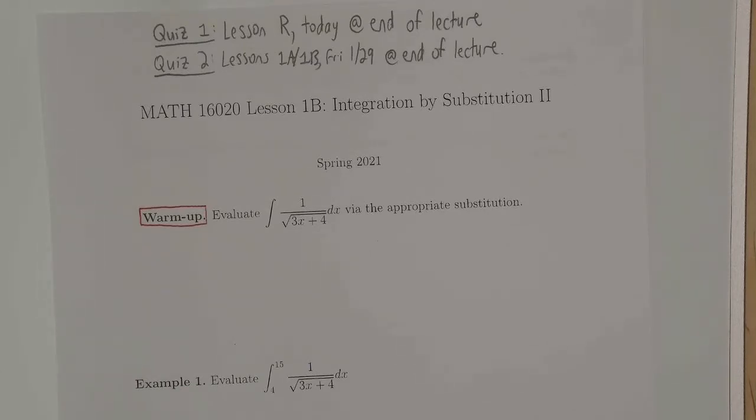And if you guys would like to take a quick little screenshot of that URL up there, you could also just go to the Math 16020 course webpage, look up Pavel's name, and if you click on that, that will help link directly to the websites. Okay? Or I'll just show you.